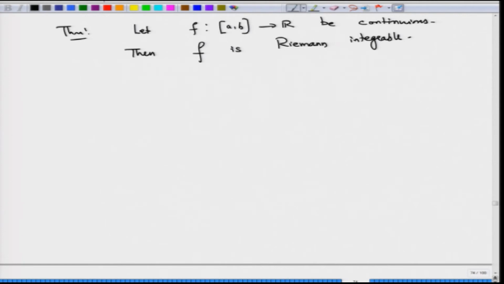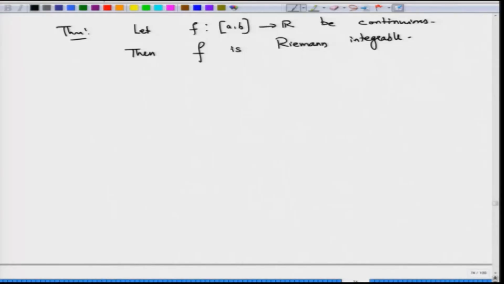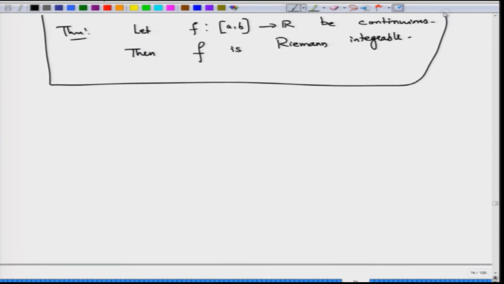Maybe in an advanced calculus course, you will appreciate it more than here. So, this we will take for granted, you have to grant me that if f is continuous, then f is Riemann integrable.